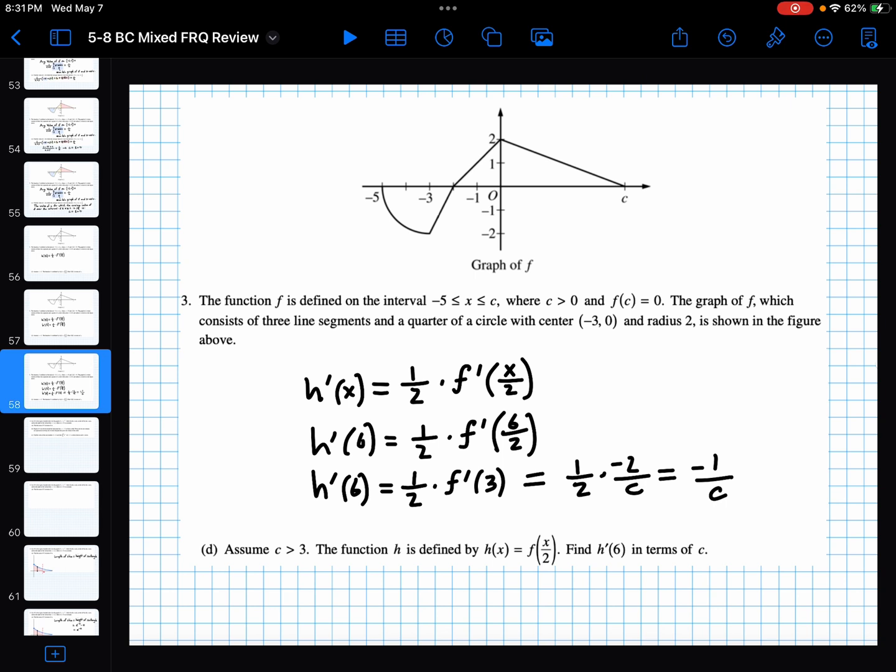If I just do the slope, change in y over change in x, I get -2 over c. So I am multiplying 1/2 times -2 over c, and that gives me -1 over c. So there's h prime of 6 in terms of c.